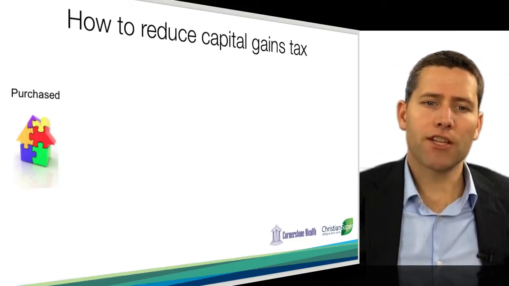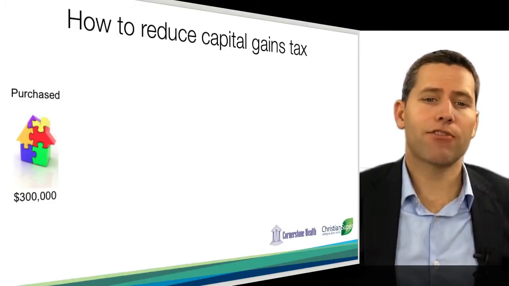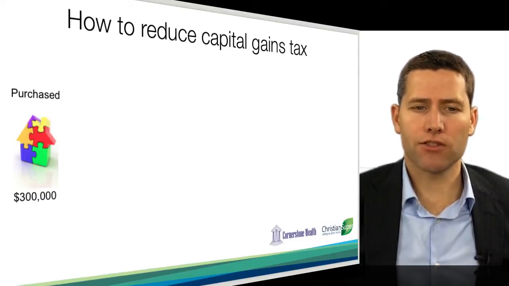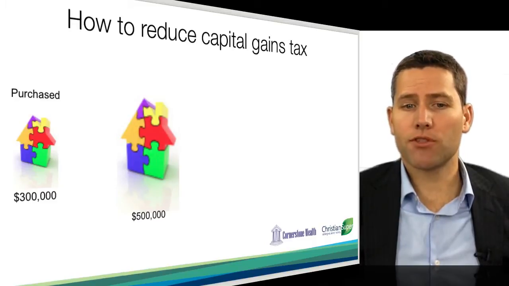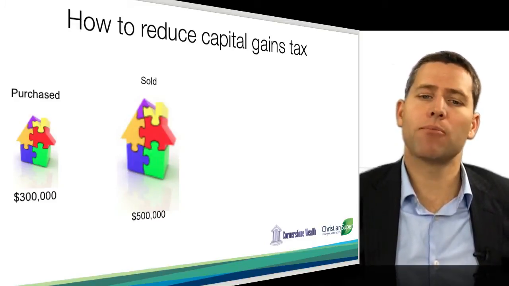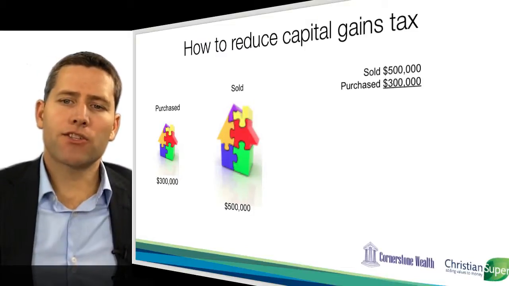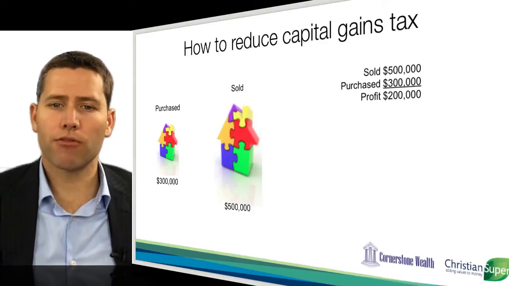So the scenario often is that they've purchased a property, often a residential property, and let's say for example that the property in this case is worth $300,000 when they purchase it. And it has grown over time to the value of $500,000, and at that point in time they sell the property. Now if they sold the property for $500,000, bought it for $300,000, they've made a profit of $200,000.